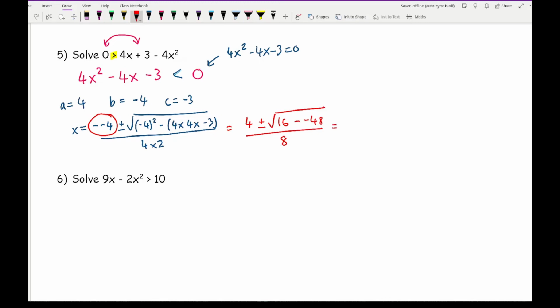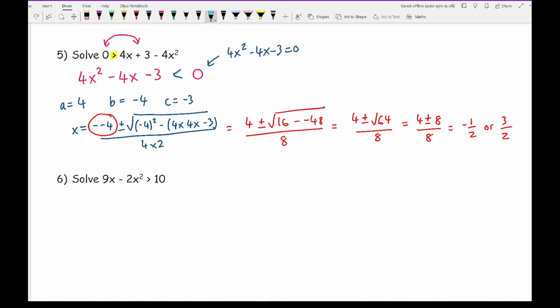And then simplifying that even further, I get 4 plus or minus the square root of 64, all divided by 8. 64 square rooted is going to be 8, so I've got 4 plus or minus 8 over 8. So when it's a minus, I'm going to end up with minus a half, or when it's a positive, I'm going to end up with 12 over 8, which gives me an answer of 3 over 2. So there's my two solutions.